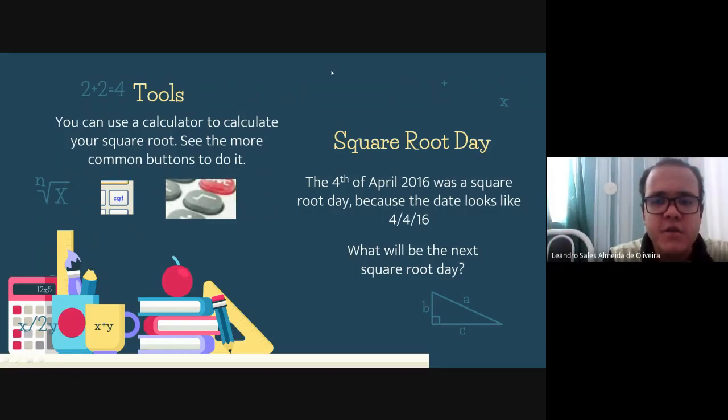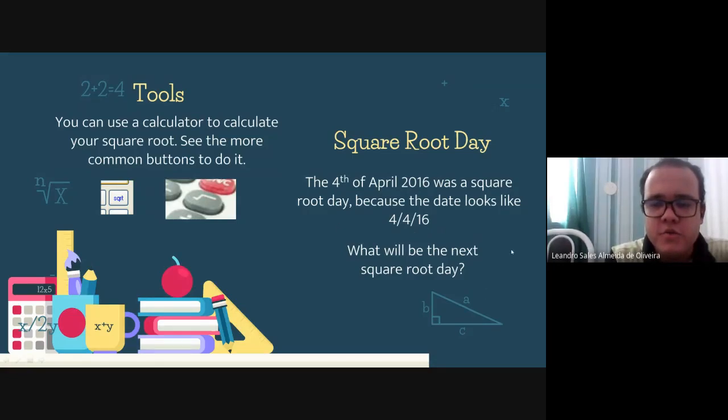And a curiosity, we have a square root day. The 4th of April, 2016 was a square root day because the date looks like 4, 4, 16: the 4th of April of 2016.